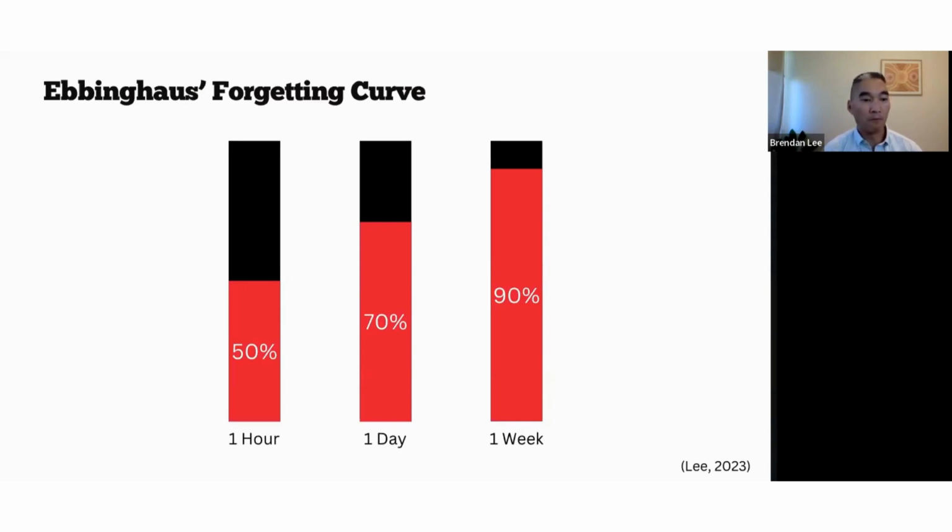And so, just one thing to highlight here is that this is different for every single student. Okay, and so the ways that we're able to make connections within our existing schema is going to be different for every single person. And so we can't say with 100% accuracy that 50% of the content that I've taught today will be forgotten after 1 hour, because every student is at a different level, different stage of their learning.